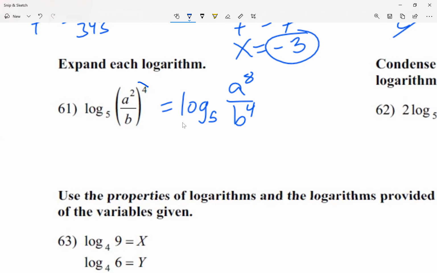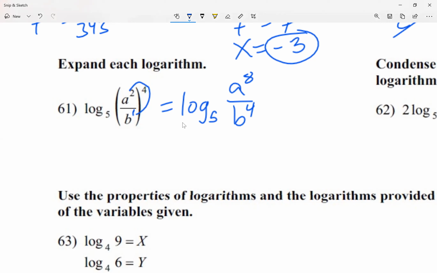With the a, 4 times 2, you guys can see where I got the 8. The b, I don't see an exponent with the b, so technically it was a 1. So you guys can see the 4 times 1, that's where I got b to the 4th. So the exponent outside multiplied to the exponents on the inside.